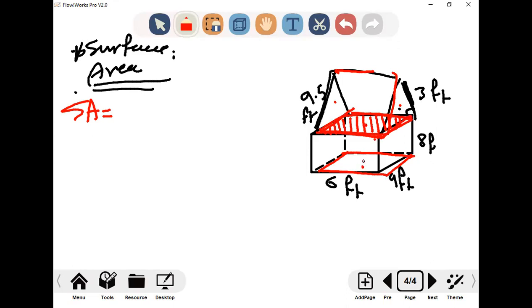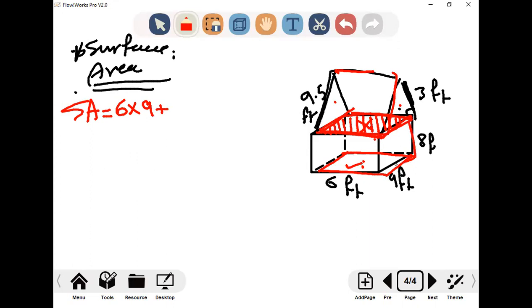I will take 1 of them. This one is excluded. Don't forget that. So down, it is 6 multiply 9 plus. Don't care about the letters, width, height. Care about what you have in front of you.